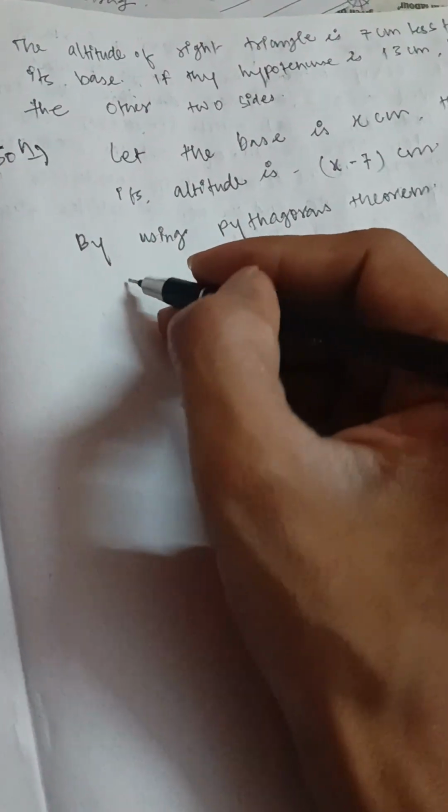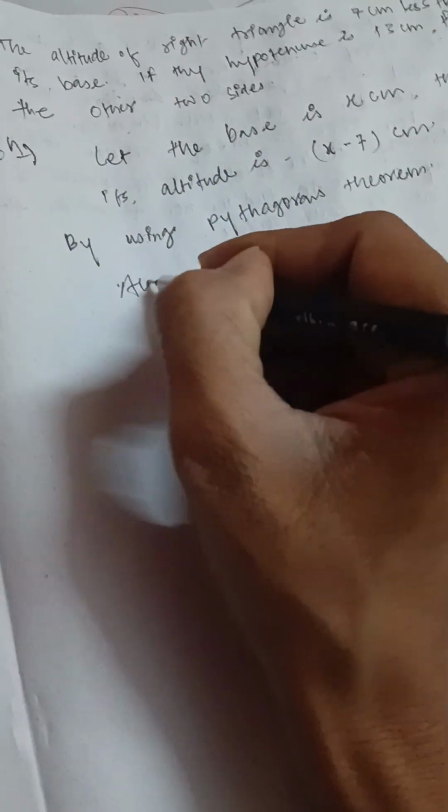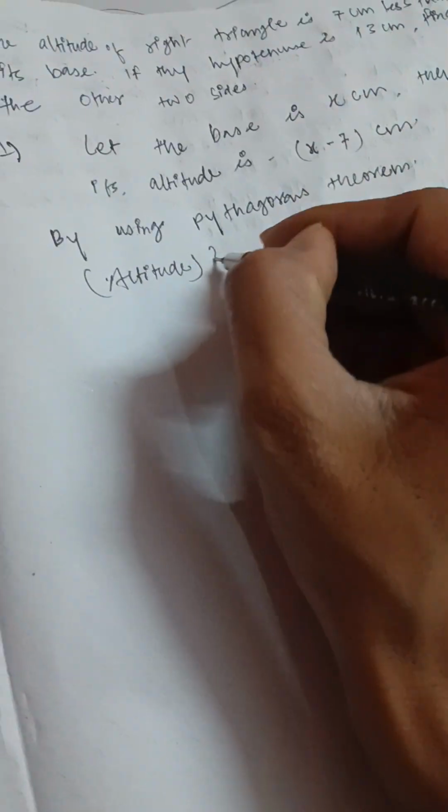By using Pythagoras theorem, altitude square plus base square equal to hypotenuse square.